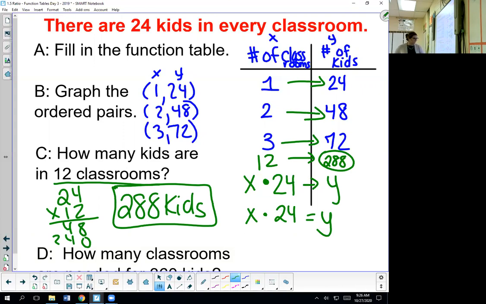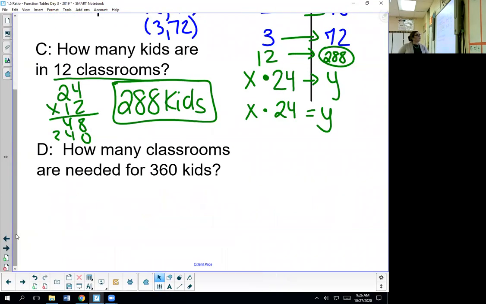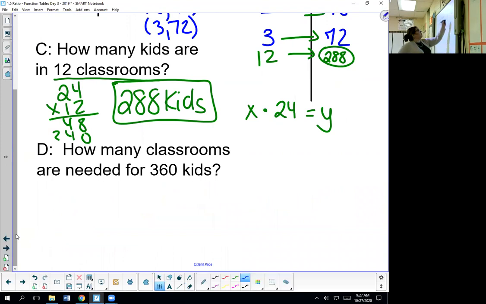Now, of course, I have to switch it out, thinking about going in the opposite direction. Now I tell you, hey, we have 360 kids. How many classrooms would that be? I'm telling you I have 360 kids, and I now want to know how many classrooms I have.